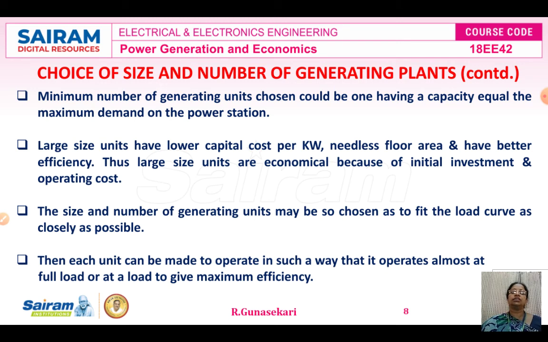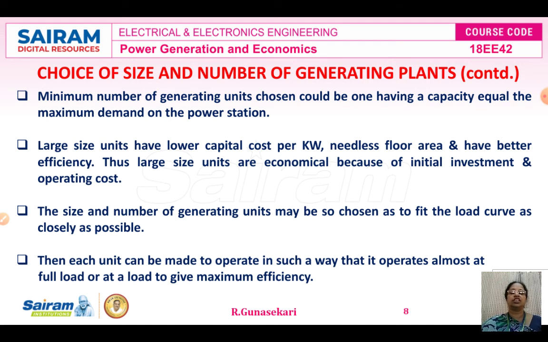Large size units have lower capital cost per kilowatt hour, need less floor area, and have better efficiency. Because of the initial investment and the operating cost, large size units are economical and are used in generating power plants.